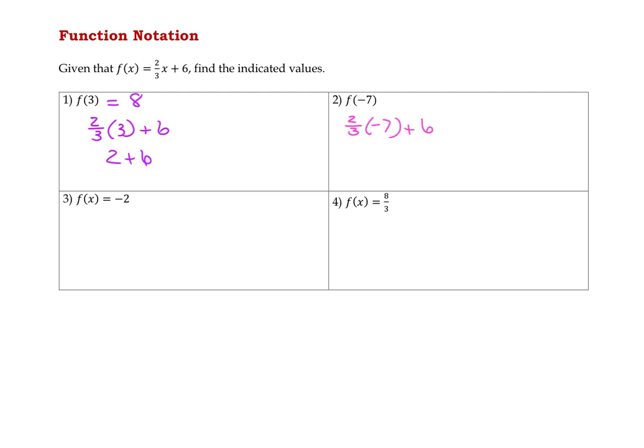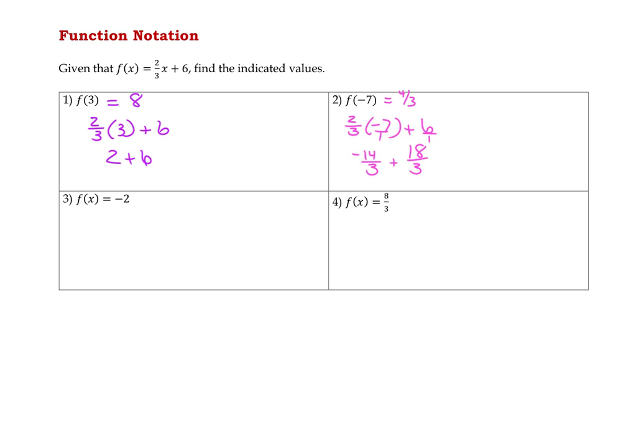And those of you not good at fractions, top times top, bottom times bottom, -14 over 3. I've got to get a common denominator of 3, so that would be 18/3. So -14 plus 18, this is 4/3 at -7.